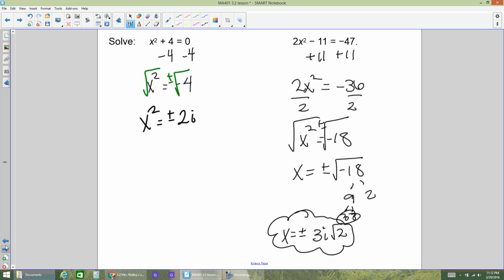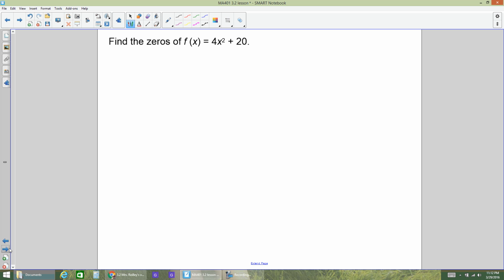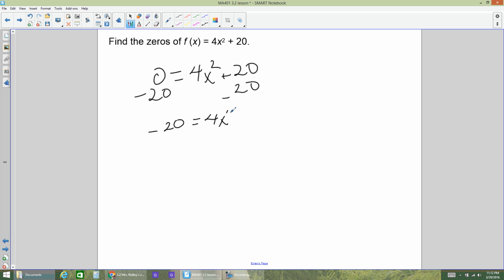Alright, moving on. It says find the zeros. Okay, well we're just going to solve this. 0 equals 4x squared plus 20. Subtract your 20 on both sides. Get negative 20 equals 4x squared.